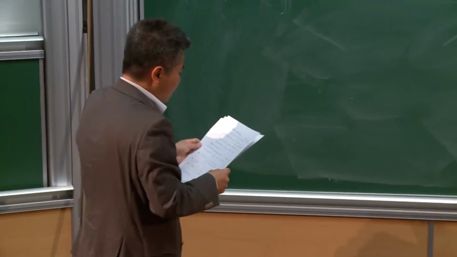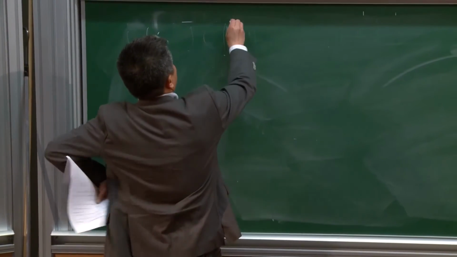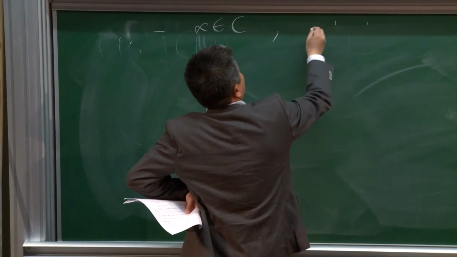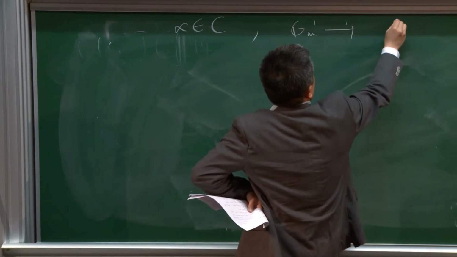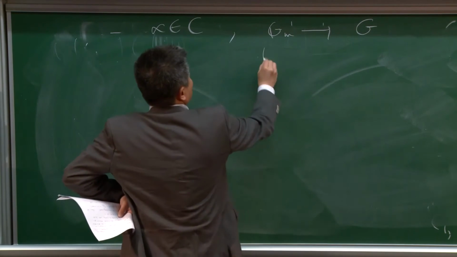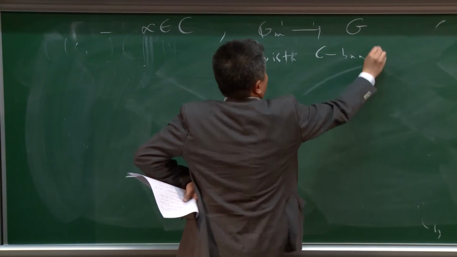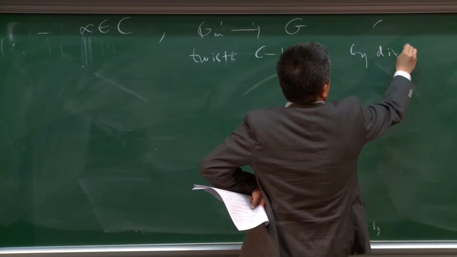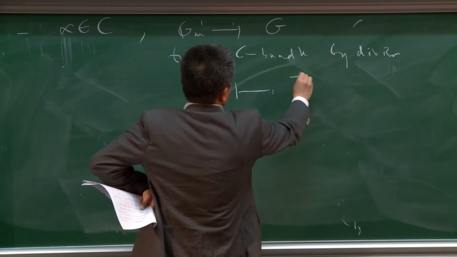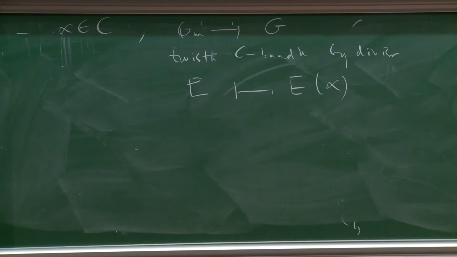Okay, so now we have this infinity point in C, and we also choose a map from G_m to the center of G, so that you can twist G bundles by divisor, right? For every vector bundle E, you can do E(∞). You can twist by one infinity.